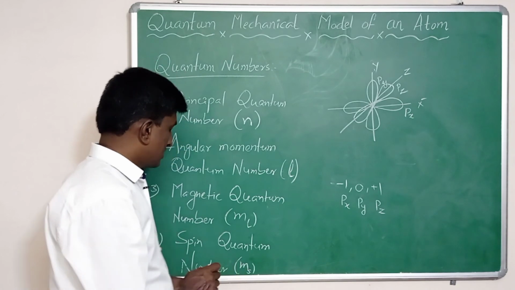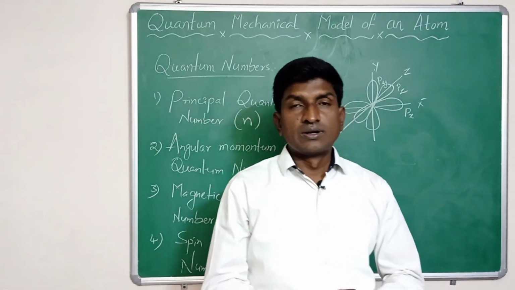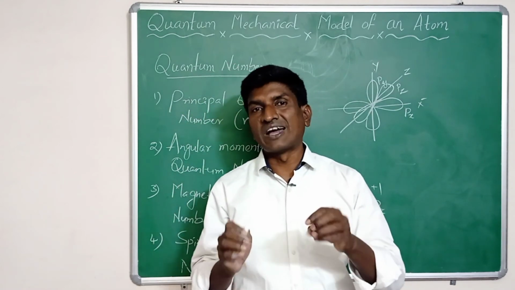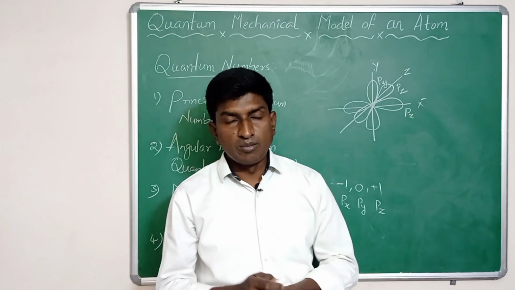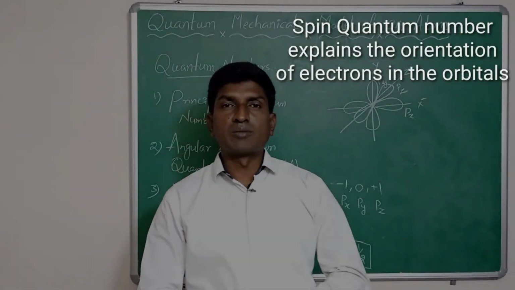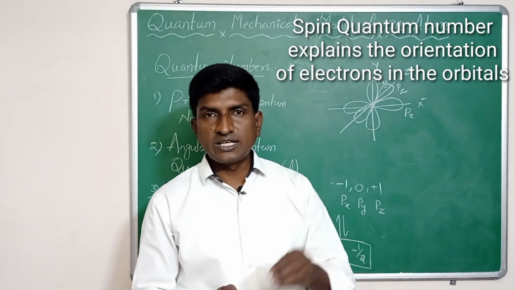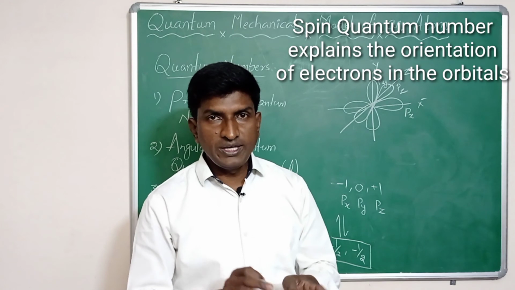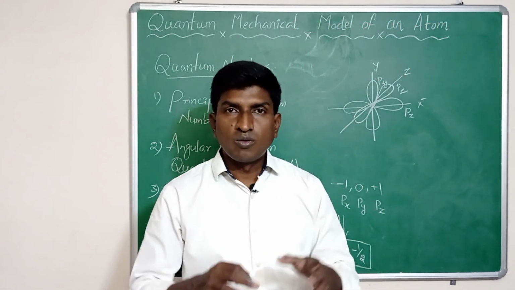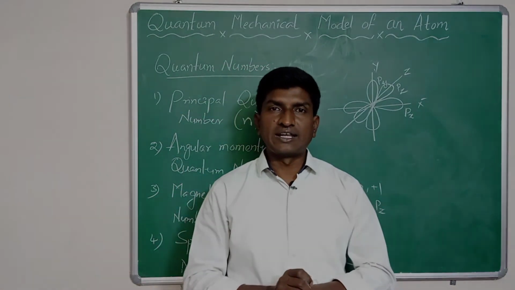So next come to the spin quantum number. Up to now we have come to know the energy of the atom and about the shells and subshells, and the spin quantum number mainly explains the orientation of electrons in the orbitals. Each orbital can hold 2 electrons. One electron is clockwise and the second electron is anti-clockwise.